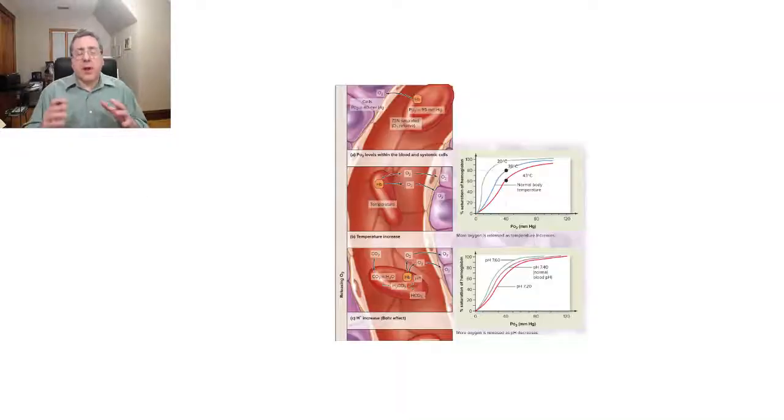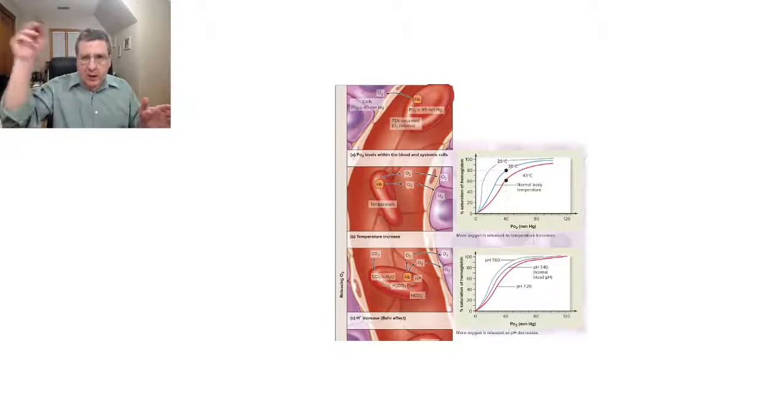Okay, let's look at a couple other things and put it into terminology that you're likely to hear in future classes, okay? So we know that the oxygen hemoglobin saturation curve gives you that S-shaped curve.